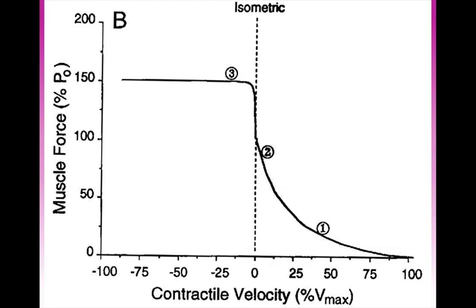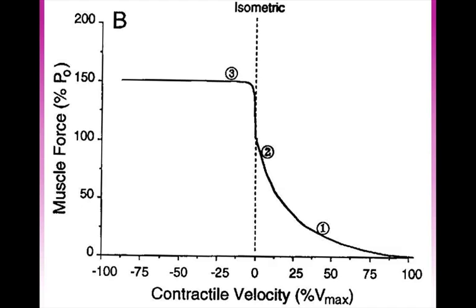On the opposite side of that dashed line is the eccentric contraction. The interesting thing there is that a maximal eccentric contraction can in fact produce more force than a maximum isometric contraction. We're not entirely sure why this is, but we think this is because it takes more force to break a cross bridge, to break the myosin and actin connection, than what those cross bridges can produce on their own.